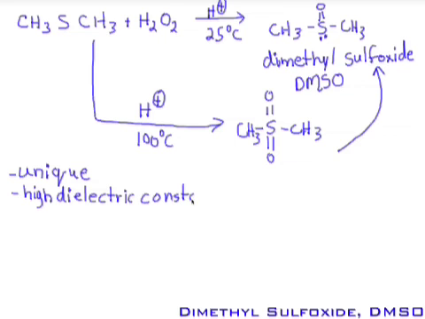What does that mean? Well, in simplest terms, a high dielectric constant allows it to insulate charges. Okay? It's able to insulate charged ions from one another. It does not form hydrogen bonds, so it's aprotic.